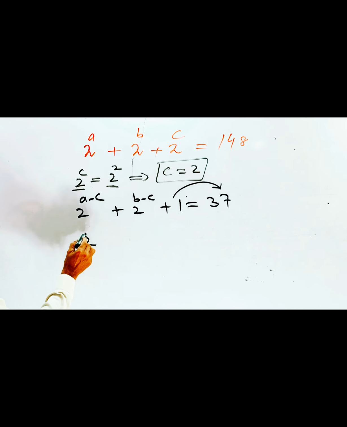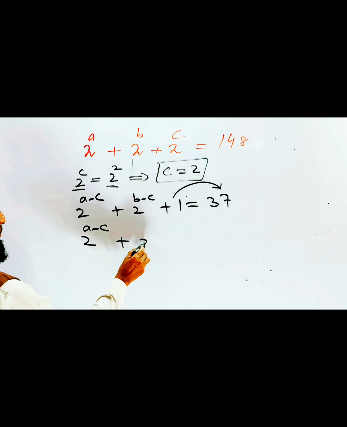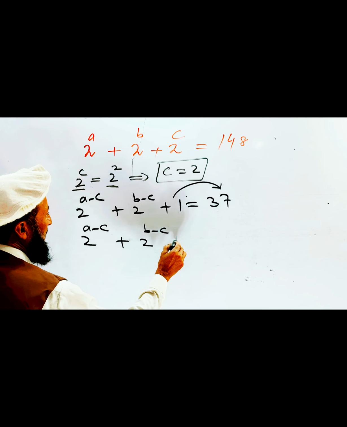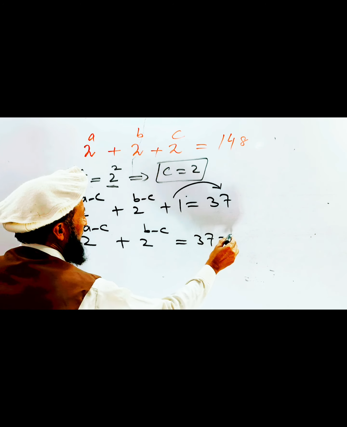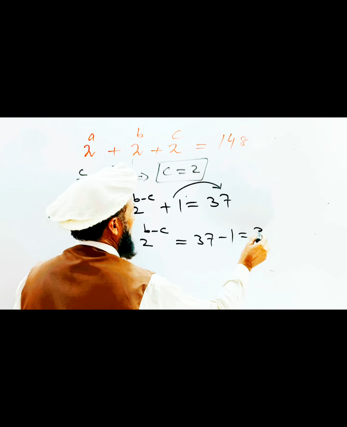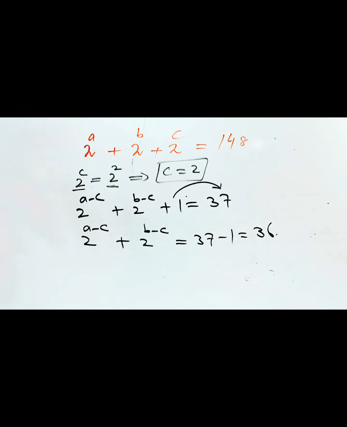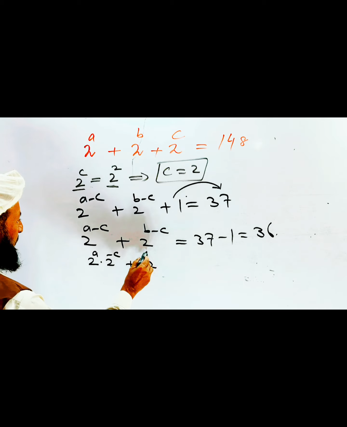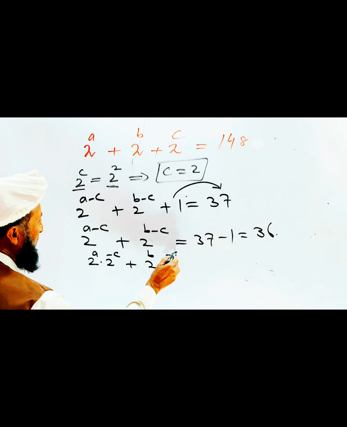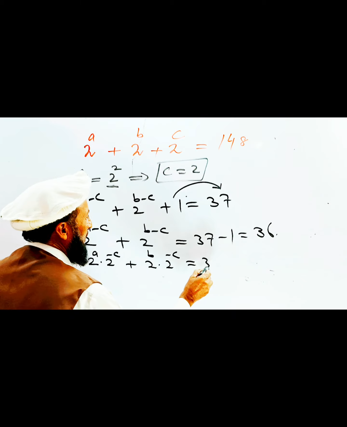So 2 exponent of a minus c plus 2 exponent of b minus c is equal to 37 minus 1, which is 36. We can change this term according to the definition and separate the exponents: 2 exponent of a times 2 exponent of minus c, plus 2 exponent of b times 2 exponent of minus c is equal to 36.